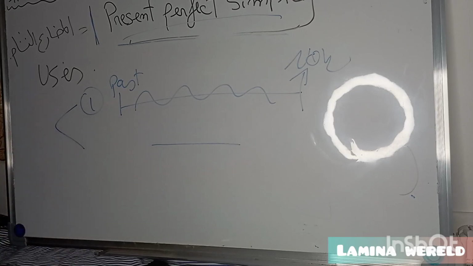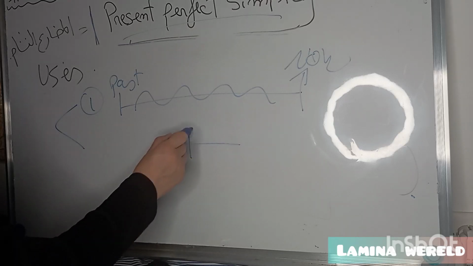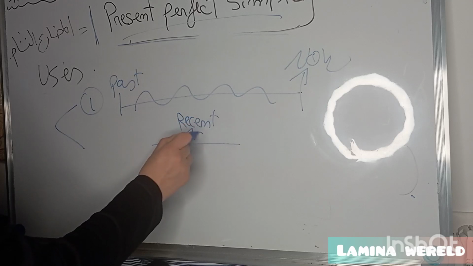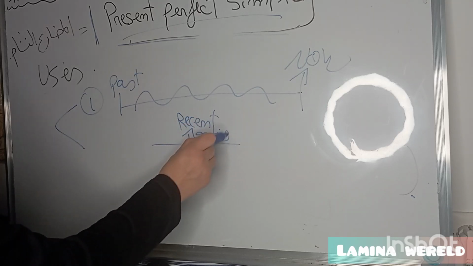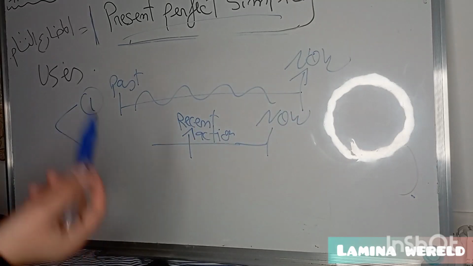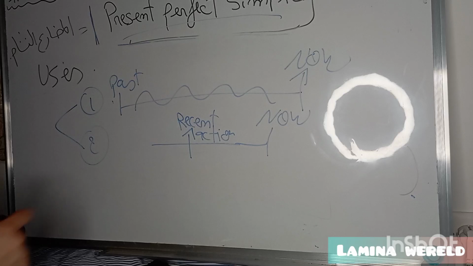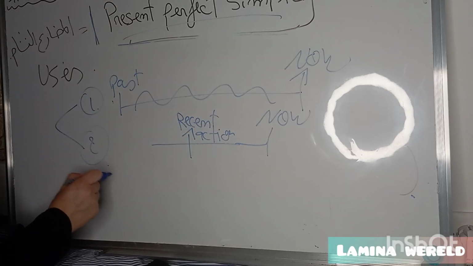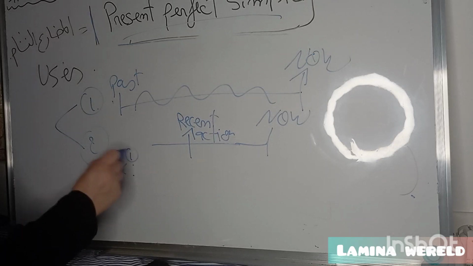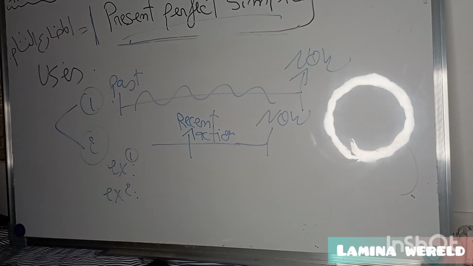And still has consequences. So it expresses a recent action. So for example, this is a recent action, and this is now. Okay? So this is the difference between the first use and the second use. So the first use example, this is the first use, and the second use, this is an example.